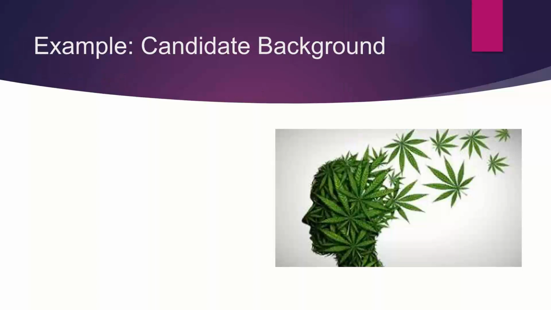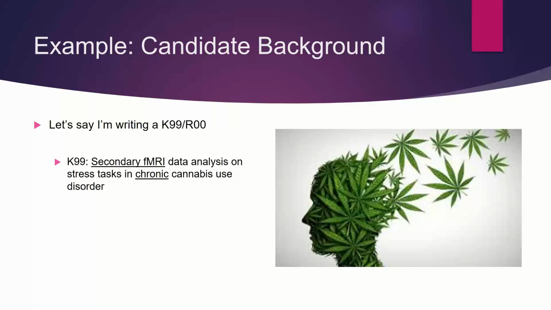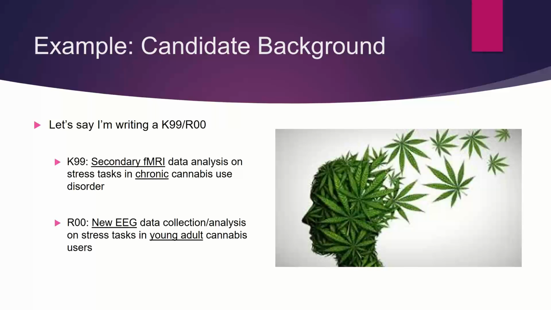Let's do an example that I came up with based on a candidate background. Let's say my research focuses mainly on cannabis. So let's say I'm writing a K99 R00, and my K99 is going to be secondary fMRI data analysis on stress tests in chronic cannabis use disorder.